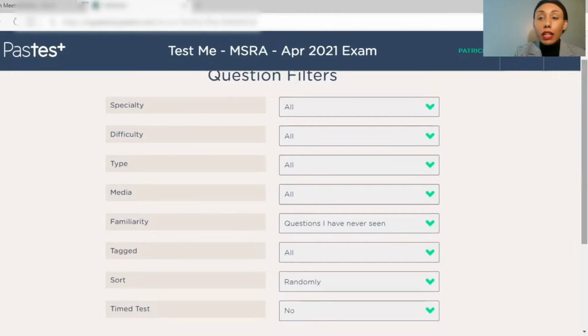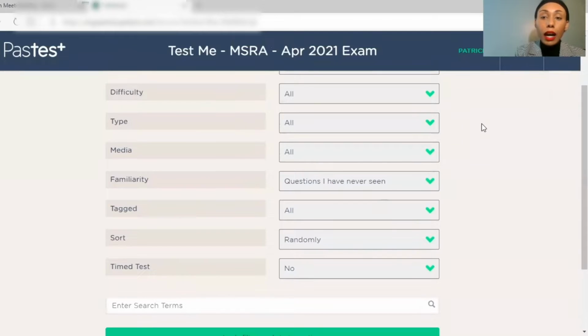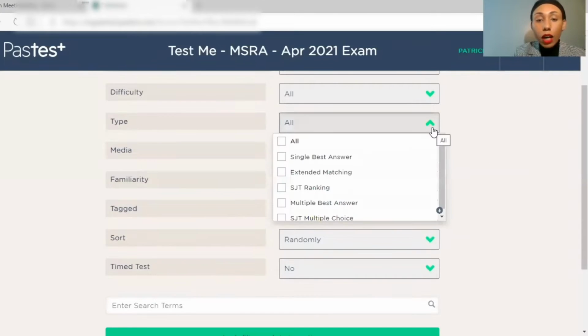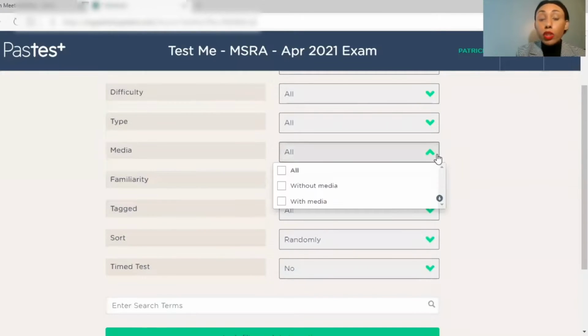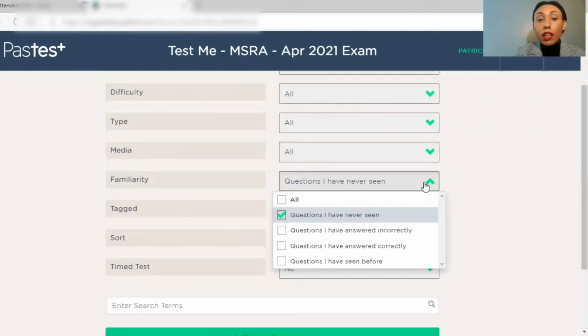Then you can also select the type, so if you wanted single best answer or extended matching questions, or of course SJT, which we know is in the exam. Some questions will have media, so they may have images, and you can also select those. And for familiarity, you can select questions that you've never seen, questions that you've got wrong, or questions that you've got correctly and wanted to go over again. And of course, questions that you've seen before.